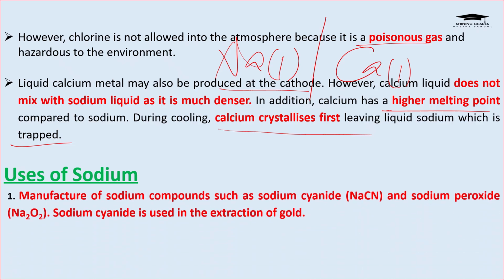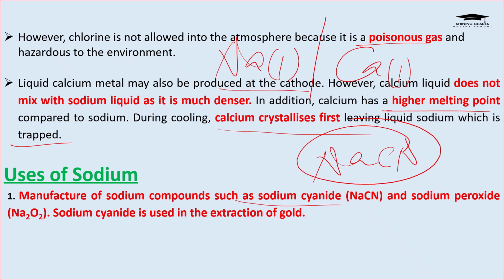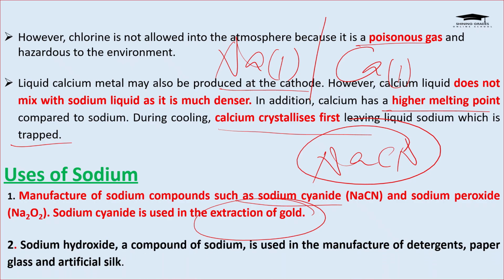One of the uses of sodium is in manufacture of compounds such as sodium cyanide and sodium peroxide. Sodium cyanide is used in extraction of gold, and sodium peroxide is used as a solvent in chemical processes.